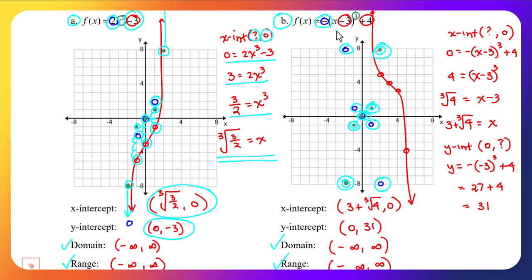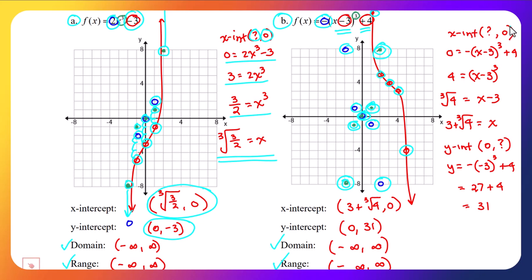In the red, we go to the right 3 and up 4. So we take each of those blue dots and go to the right 3 and up 4, and we get these points. Connect those and we have our graph.